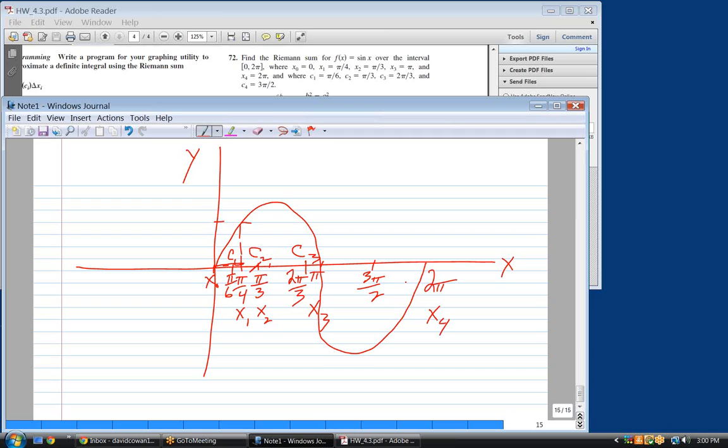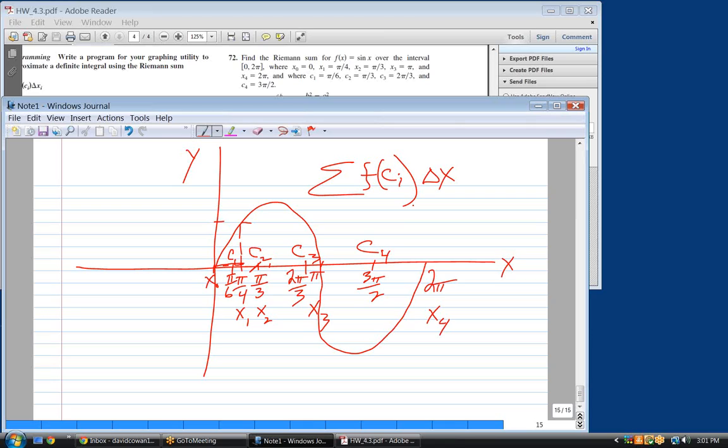And c sub 4 is 3 pi over 2. So there's c sub 4. Well, they want the Riemann sum. The Riemann sum is going to be f of c sub i times delta x.